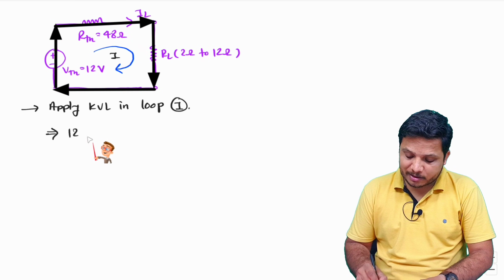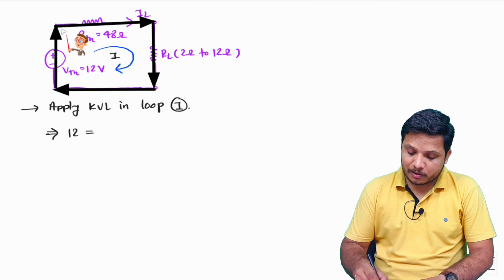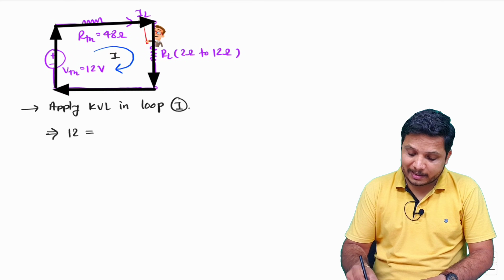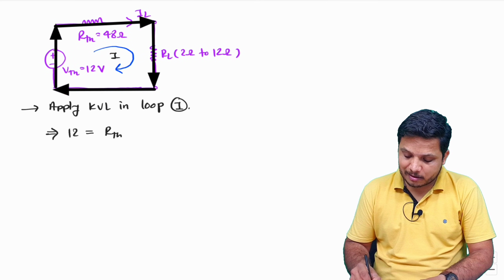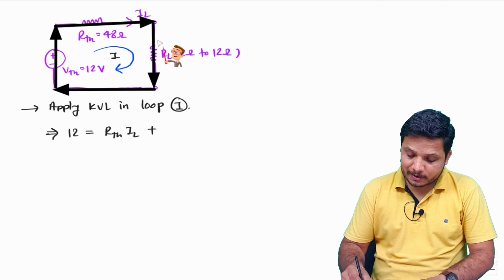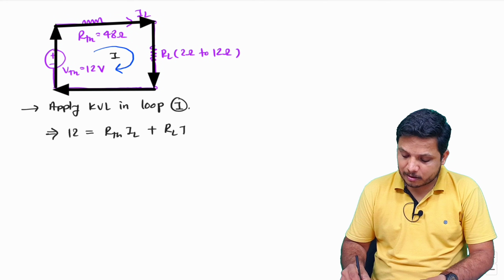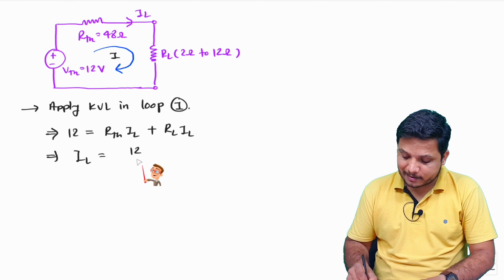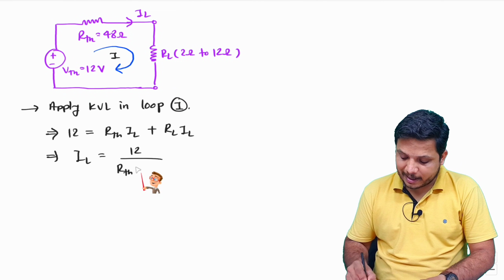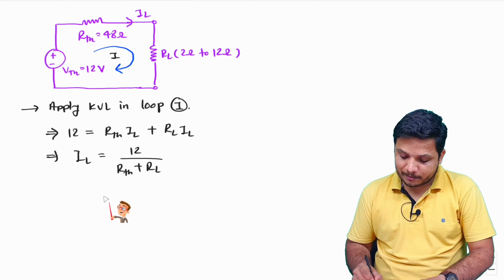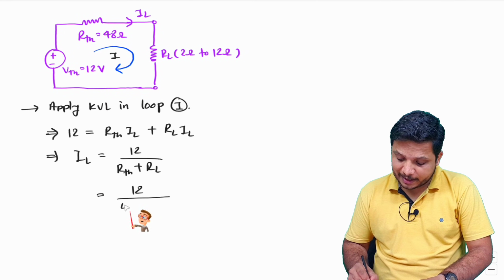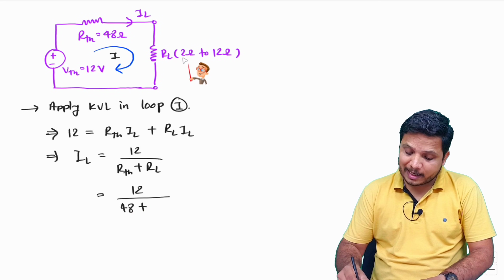So I need to write plus 12, and that is equal to the voltage drop across each of these elements, so RTH into IL plus IL into RL. So I can say IL is 12 divided by RTH plus RL.